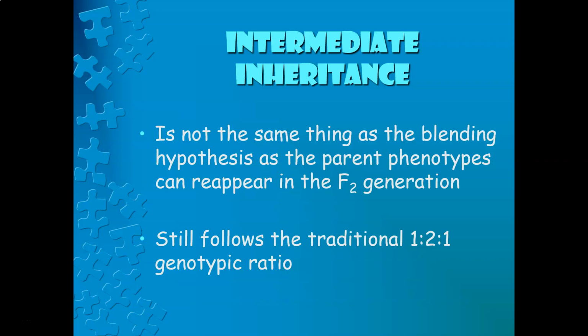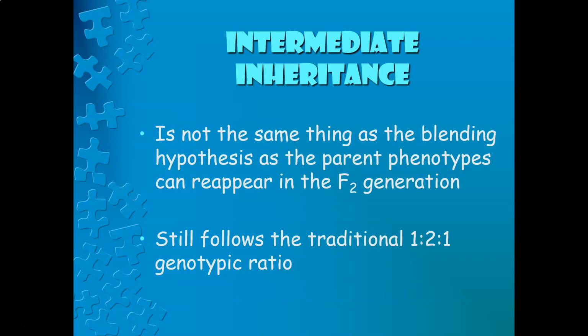So it's still going to follow that traditional 1 to 2 to 1 ratio when I look at intermediate inheritance, that we saw that same 1 to 2 to 1 genotypic ratio back in Mendel's traits as well. So I'm still going to get one individual who's homozygous dominant. I'm going to get two individuals who are that traditional heterozygote, and I'm going to get one individual who's that traditional recessive.